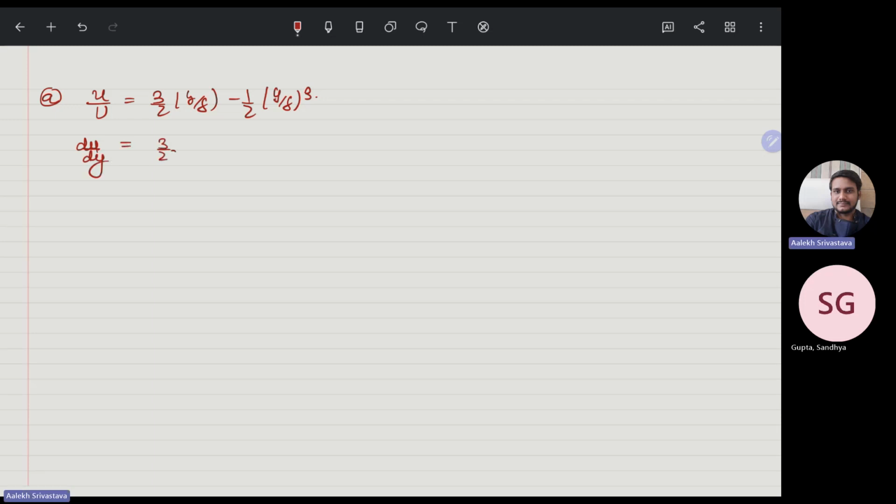If you find du by dy, you will get 3 by 2 delta minus 3 by 2 y square by delta cube, and at y equal to 0, you will get 3 by 2 delta. Since delta is positive, this term is greater than 0.